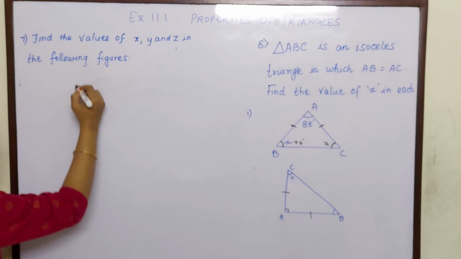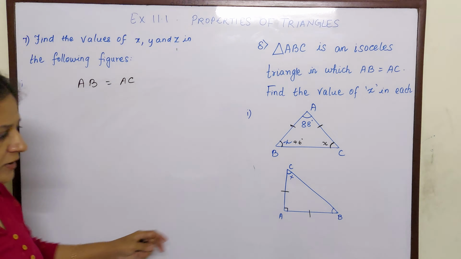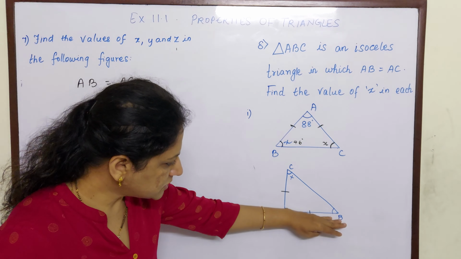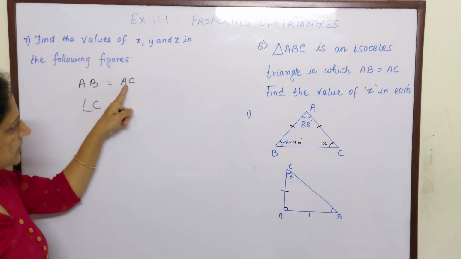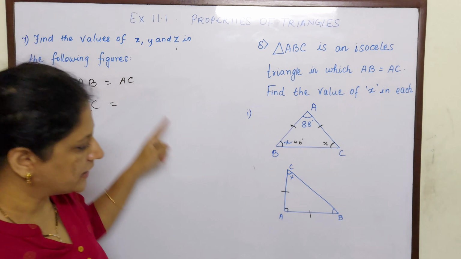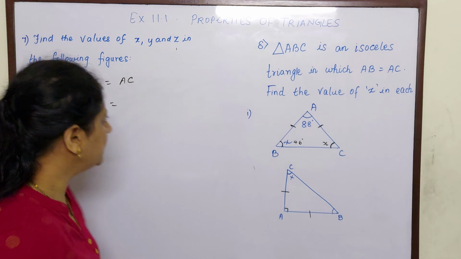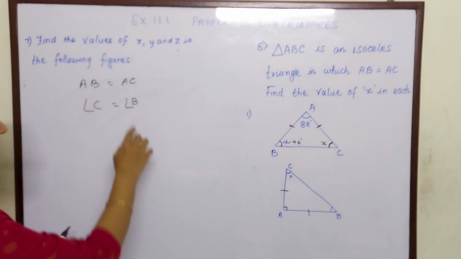Now if AB is equal to AC, what is the angle opposite to AB? Opposite to AB is angle C. And what is opposite to AC? That is angle B.